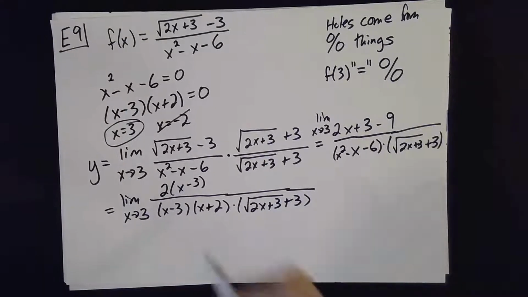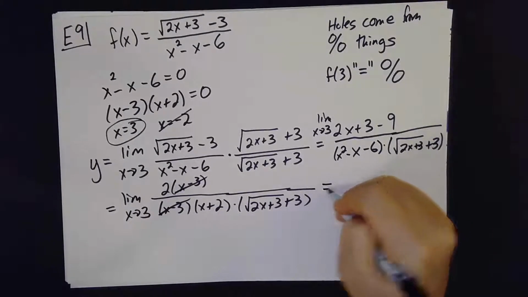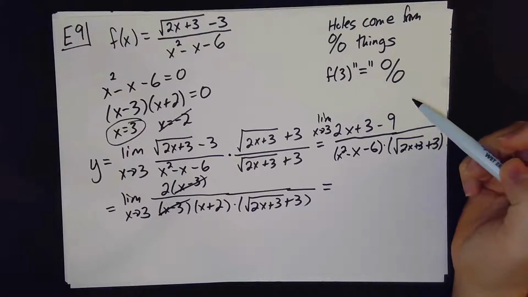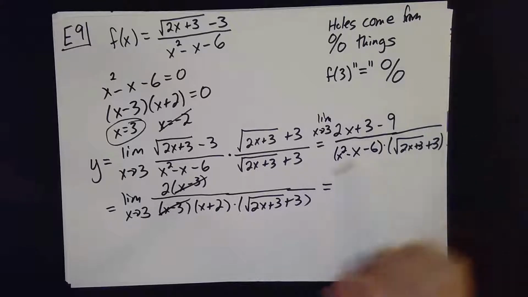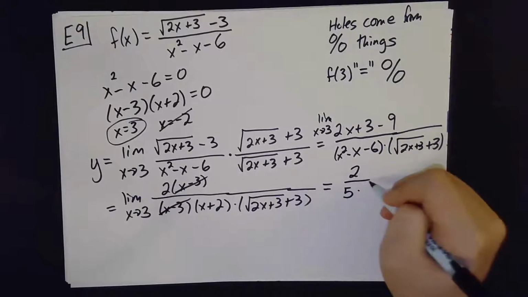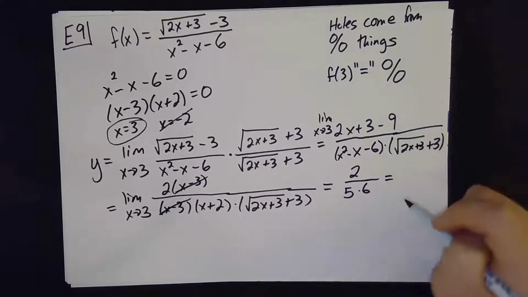Okay. And that gets me to the point where these x minus 3's cancel, which is what I wanted. So that clears out my 0 over 0, because I cancel the 0 from the numerator and from the denominator, basically. And so now this is 2 over 5 times 6, which, as it happens, is 1/15.